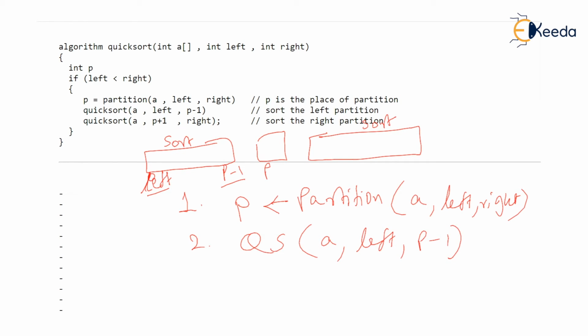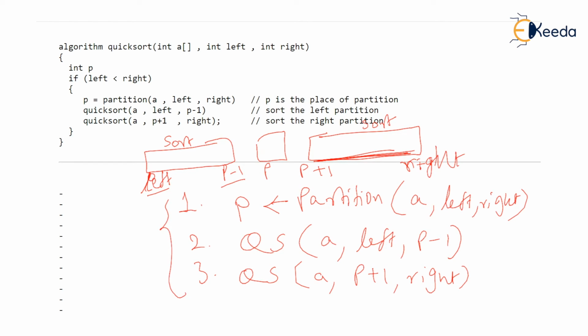And what about the right part? What is the extent of this right part? The extent of the right part is p plus 1. And don't say this end is n minus 1. It's not compulsorily n minus 1, but we have labeled this right end as right. So we are calling quicksort recursively with the array A, p plus 1, comma right. That's it. These are the three things that we have to do in quicksort.